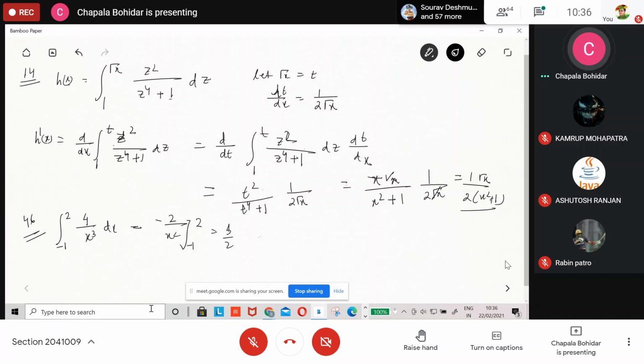What is wrong? Already it's in the example. Ma'am, it is not defined actually. Yes. So this integration does not exist. You have to write that it is not differentiable, not defined, at x equal to 0. So this integration does not exist. Clear to all of you?